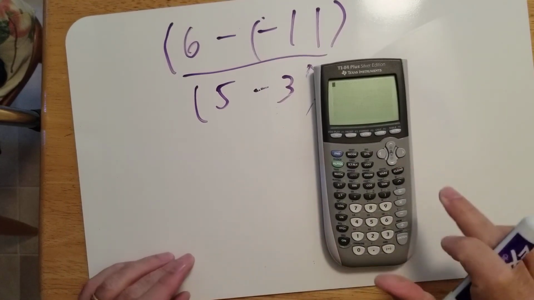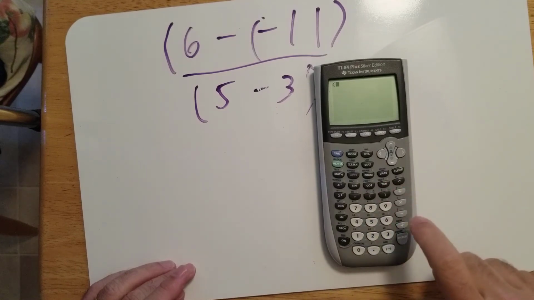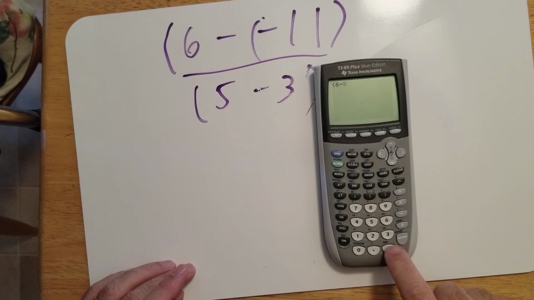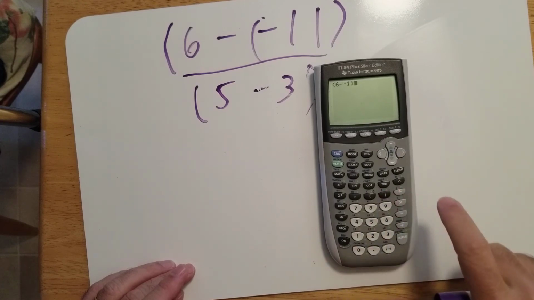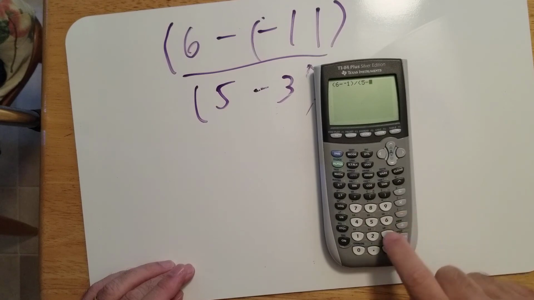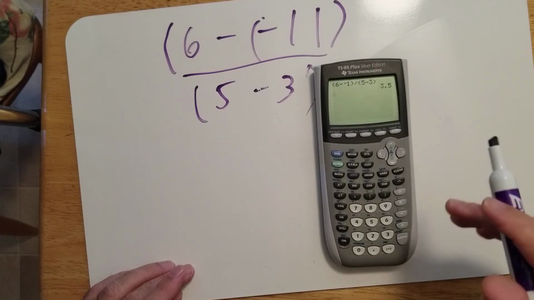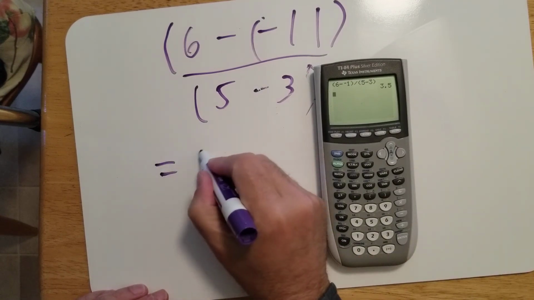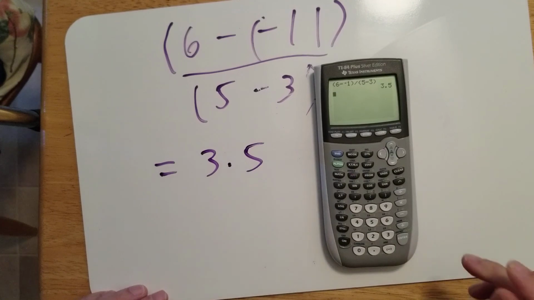So I'm going like this, parentheses, 6 subtract a negative 1, divided by parentheses 5 minus 3, close the parentheses, and when I hit enter, it gives me 3.5 as the answer in decimal form.